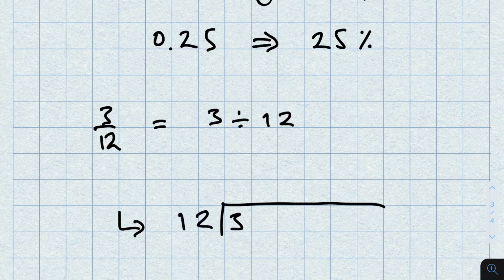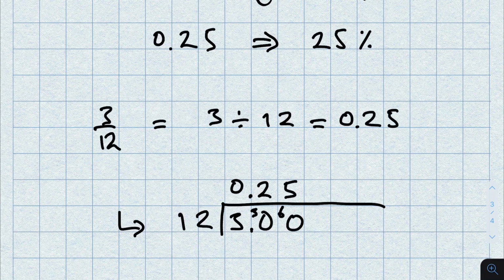We know, of course, it's not going to go into 3, so we're going to go into decimals. 12 into 30, well, that's going to go twice, the second multiple being 24, so that will be a remainder of 6, and 12 goes into 60 5 times. 3 divided by 12 is the same as 0.25, which is the same as 25%. Useful. Very useful.